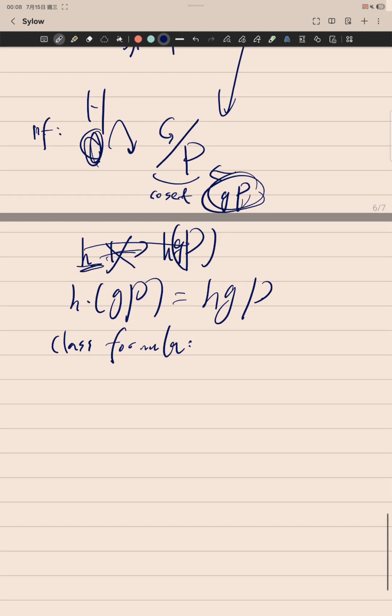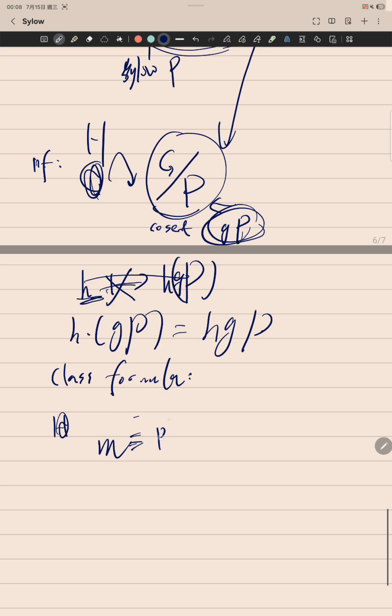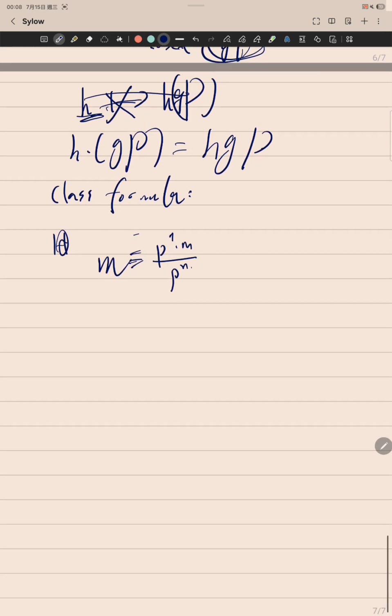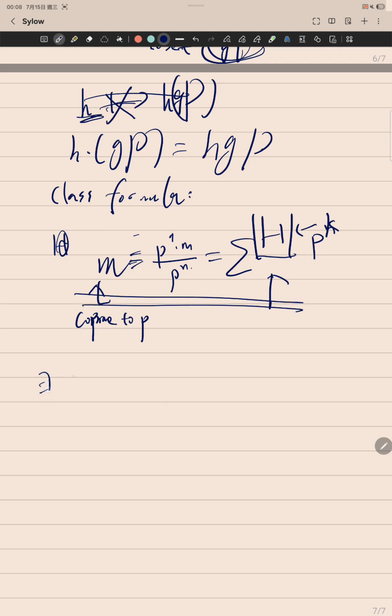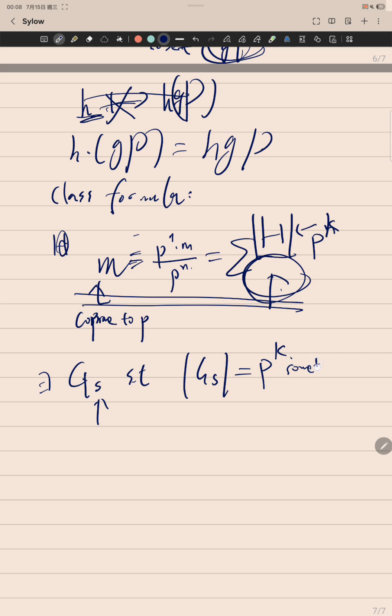Notice that the size of this set is m times p^n divided by p^n, so this is coprime to p. But at the same time, this is the size of H divided by something, and this is p^k. So in order for this to make sense, there must exist some element, some G_S here, such that this G_S absorbs all the prime factors, p^k.